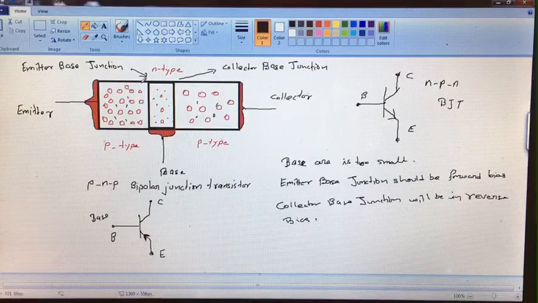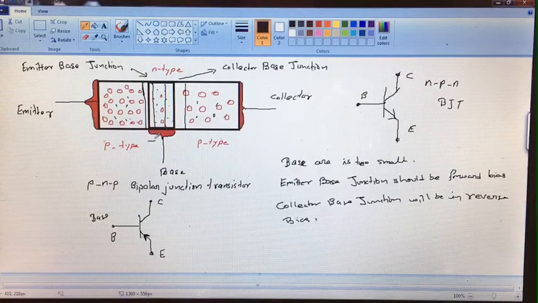After biasing the transistor, the emitter base junction will be forward biased. Here we have a p-type, n-type diode, and an n-type, p-type diode. In forward bias the width of the depletion region at this junction will be too small, while in reverse bias the width of the collector base junction will be larger than the emitter base junction.